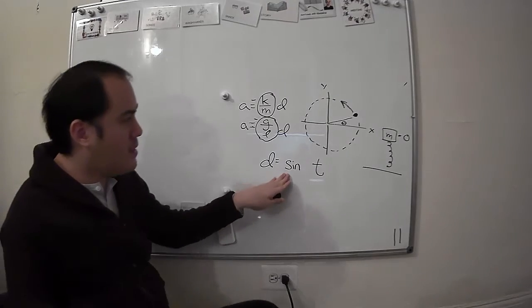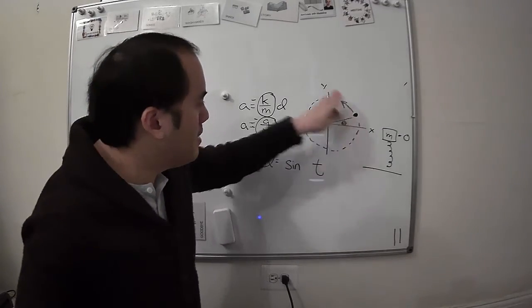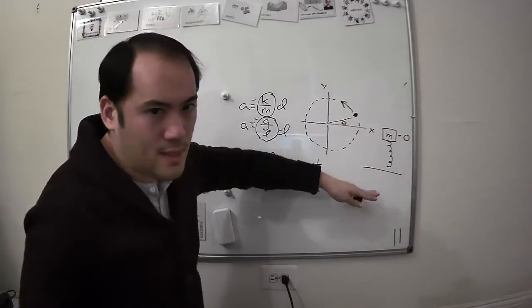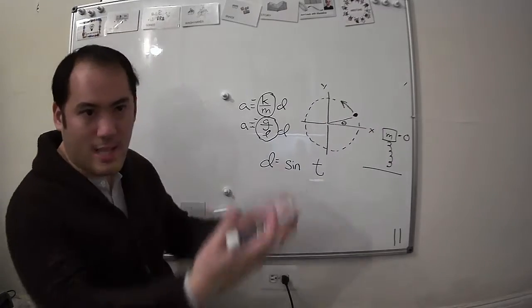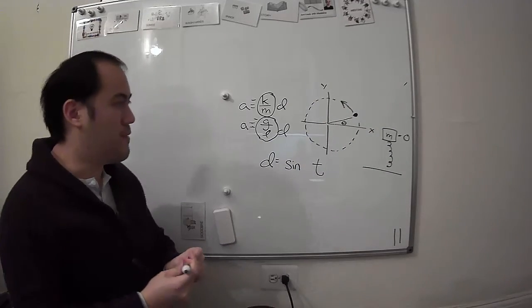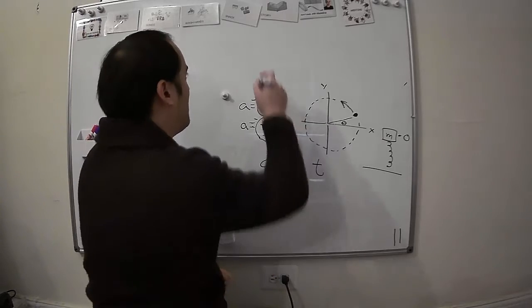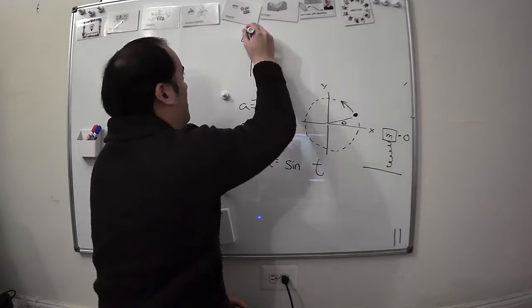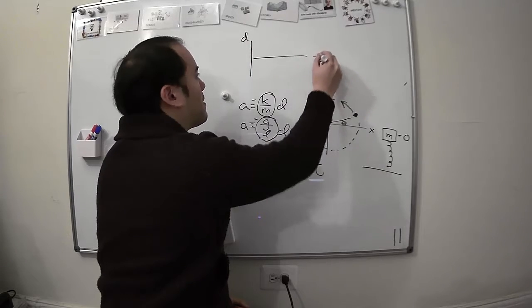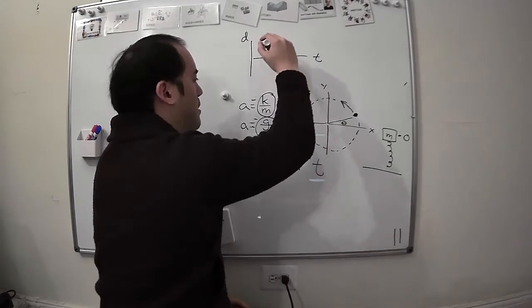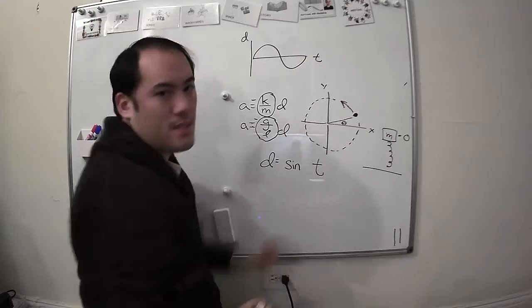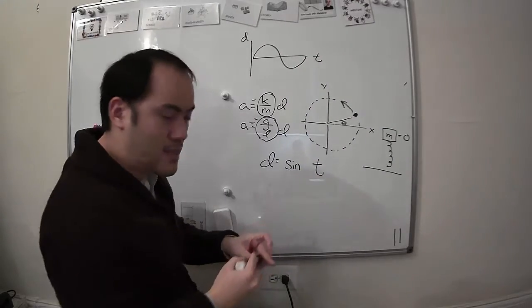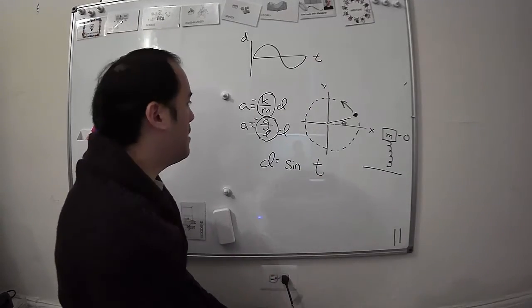If we take the sine of the time, we'll get something that at least matches in shape to the location of the mass on the spring. I'll explain this in class if confused. Please don't hesitate to ask questions. D versus T for a mass on a spring will look something like this. It will make a cyclical sine curve over time.